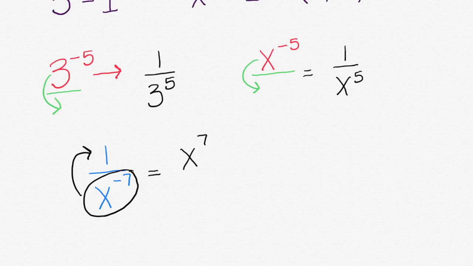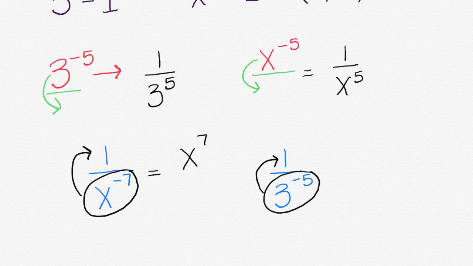Or let's say I have a number that is in the denominator with a negative exponent. I take that term, I move it across the division line, and now that is also going to have a positive exponent.